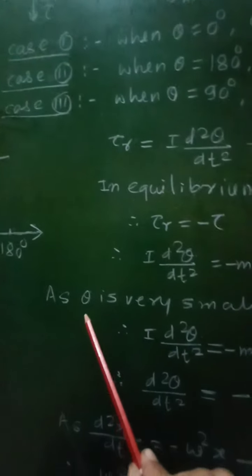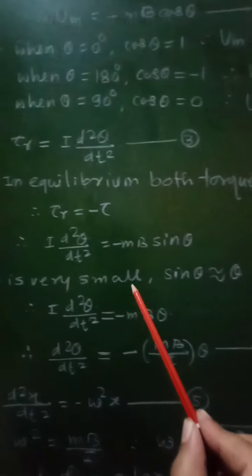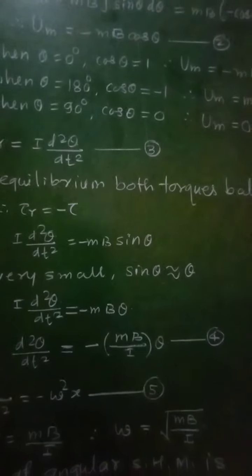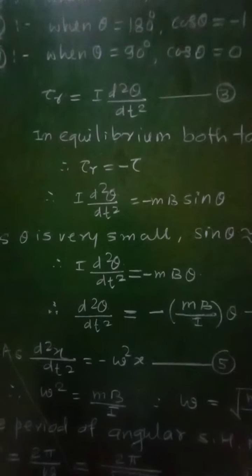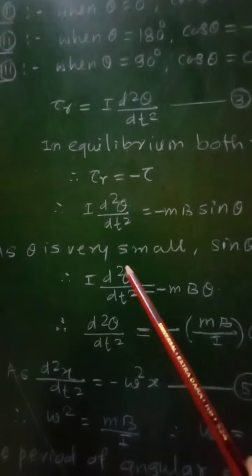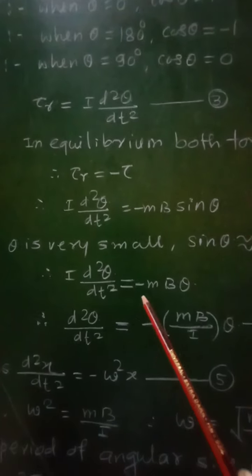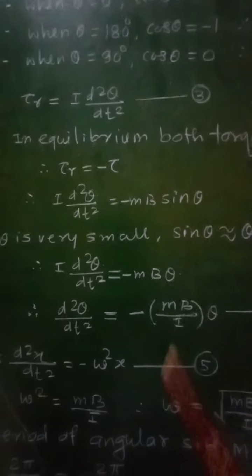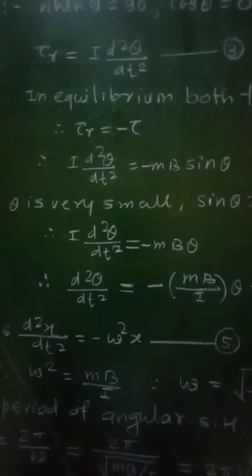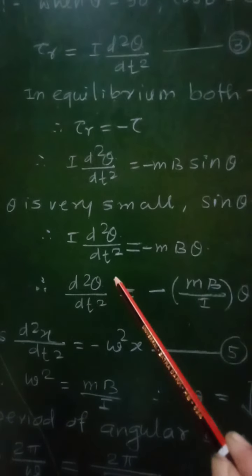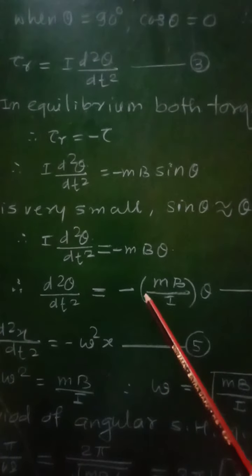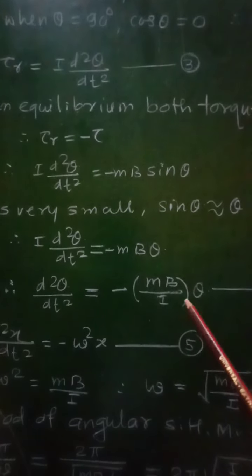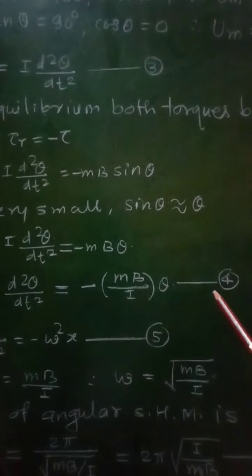As theta is very small, we can write sin theta is nearly equal to theta. Therefore I into d square theta by dt square must be equal to minus mB theta. From this the angular acceleration, d square theta by dt square, will be written as minus mB upon I into theta, equation number 4.